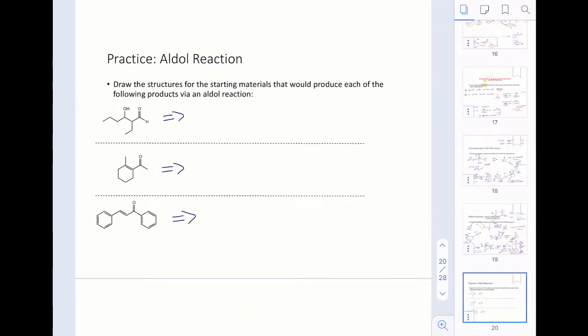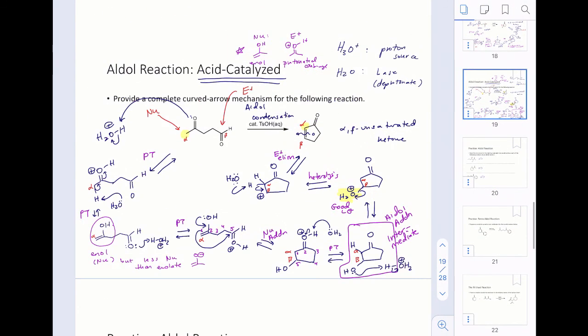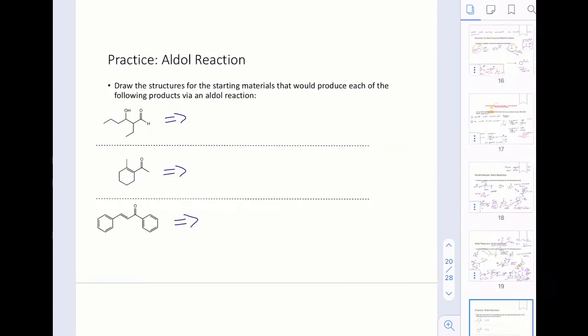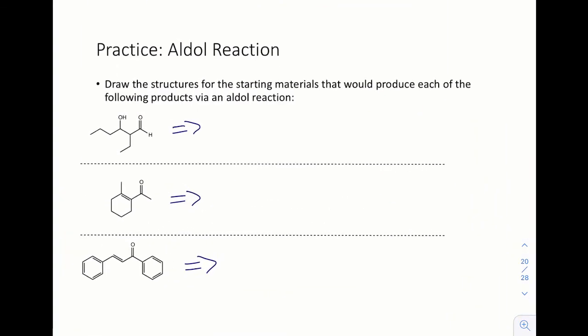You did notice all of these reactions, all these elementary steps, I show with reversibility arrows. Oh yes, the aldol condensation can go in both directions, and you will take a look at that in the next lesson. But before we end this one, let's be sure that we can draw the reactants that would produce the following self, intramolecular, and crossed aldol products. Give it a go.